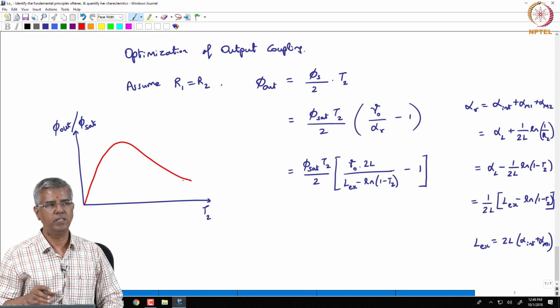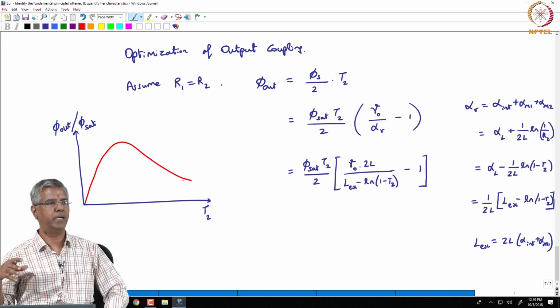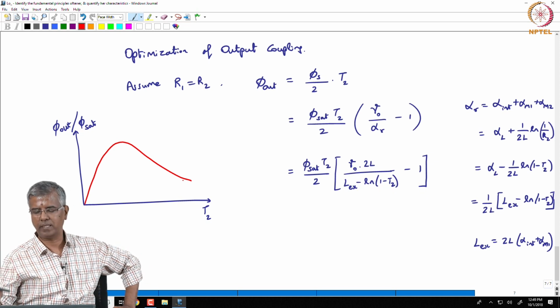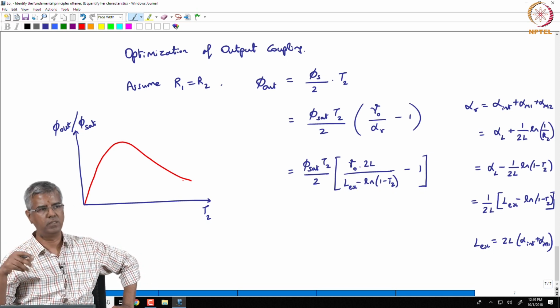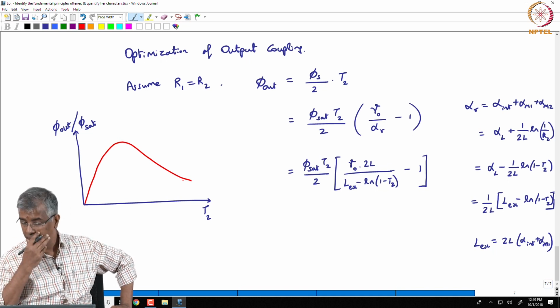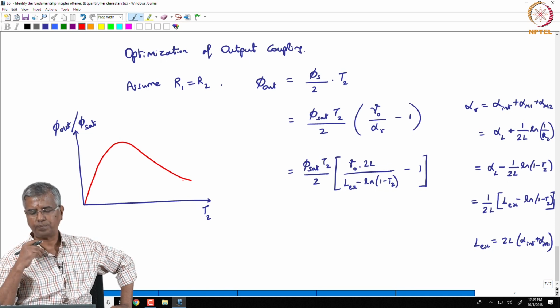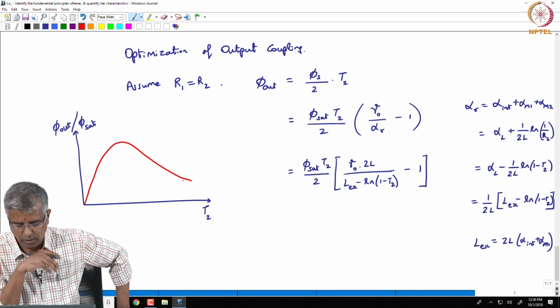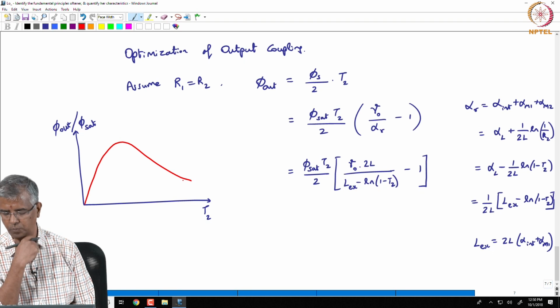Right. At small values of T2, whatever is in the denominator is negligible. T2 does not have that part, you can neglect it, and so the output flux is proportional to T2. So then as you increase T2, you will have an increase in the output flux and also the output power.